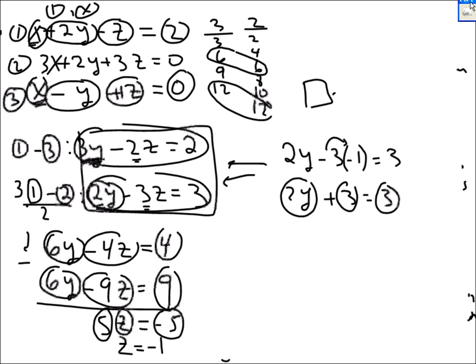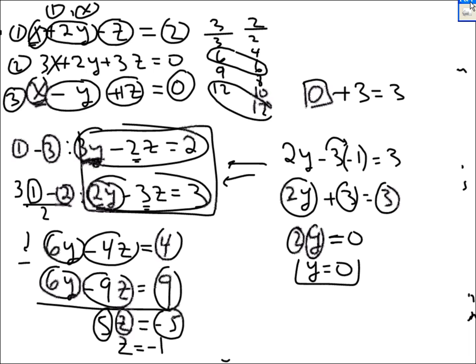You all know it's 0, but many of you haven't been trained to think of that. It's 0. 2y is 0. 2 times y gives you the number 0. And the answer is 0. So now I have what y is.